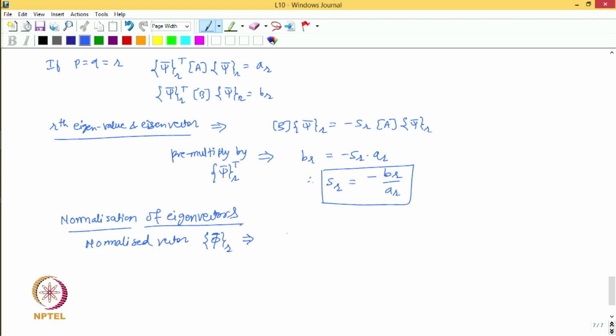So, phi bar R is the rth eigenvector in state space after normalization, and if this is the vector, then what would we like? We would like that phi bar R transpose matrix A phi bar R should be equal to 1, that is what we want. So, in order to obtain this, we define phi bar R as psi bar R divided by square root of AR.